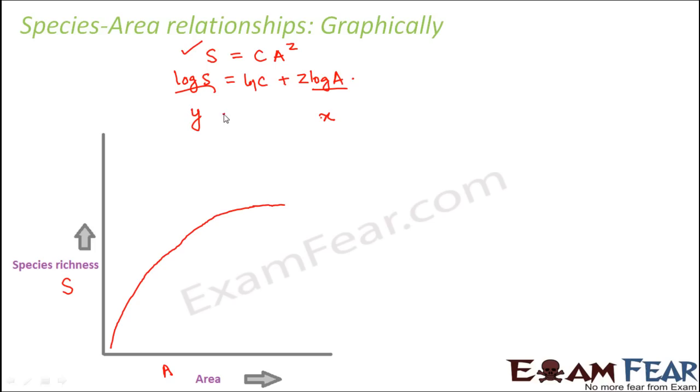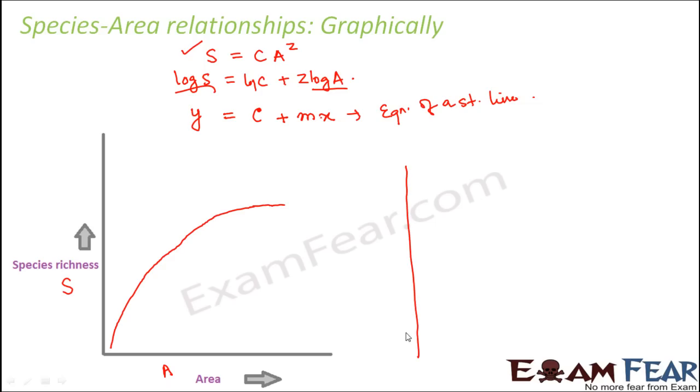So what happens? The equation is of the form y = mx + c. And what is this equation? This is the equation of a straight line. So this shows that if we plot the graph between log S and log A, we will get a straight line. So let us try to do that.